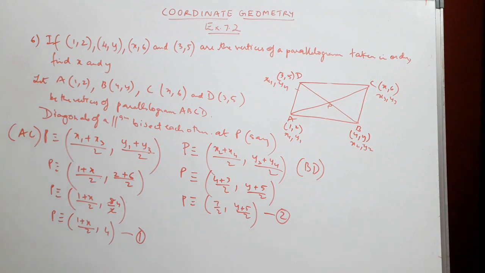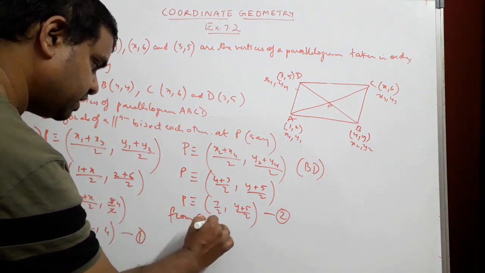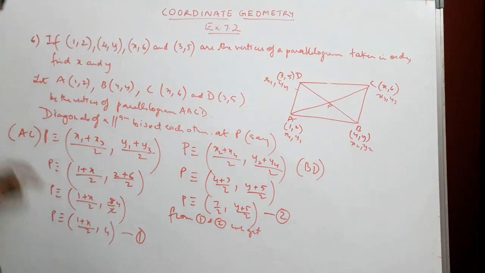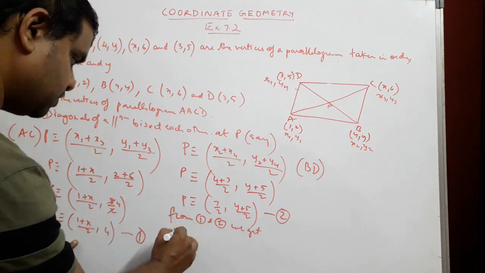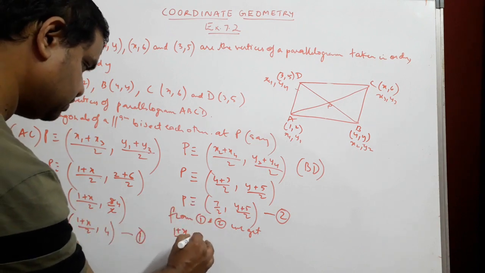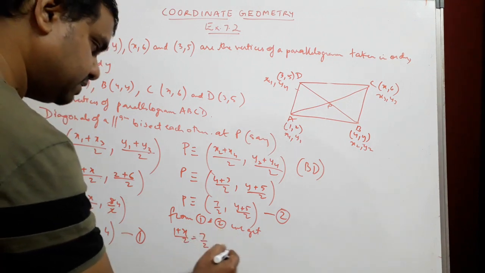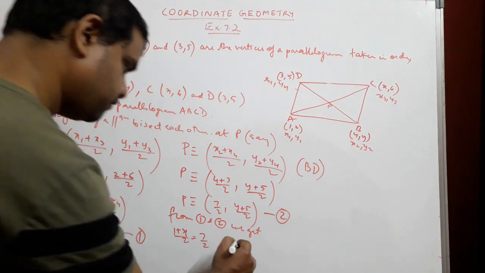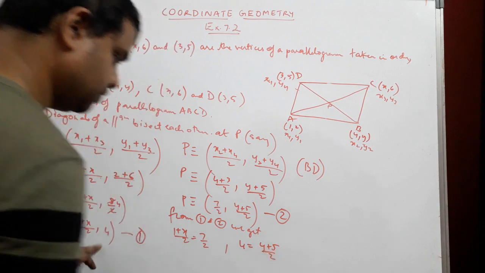From 1 and 2 we can say x coordinate will correspond with x coordinate, right? So 1 plus x upon 2 equal to 7 upon 2, and we will also get 4 equal to y plus 5 upon 2.